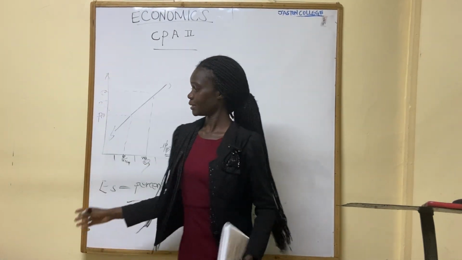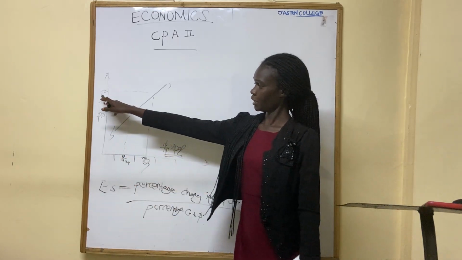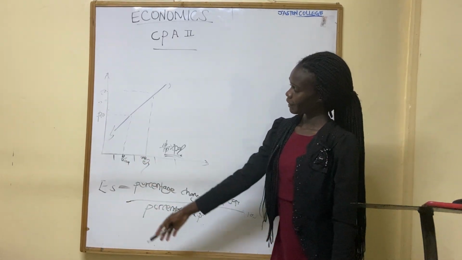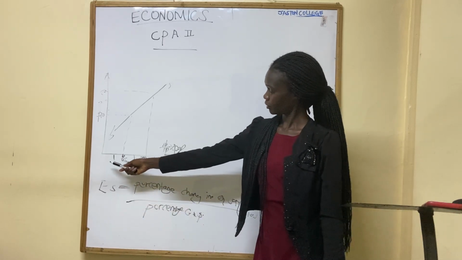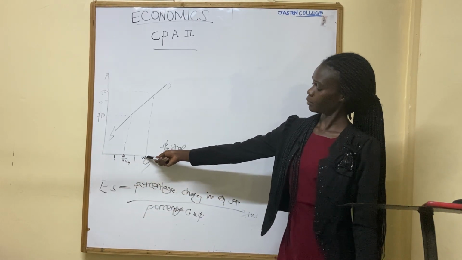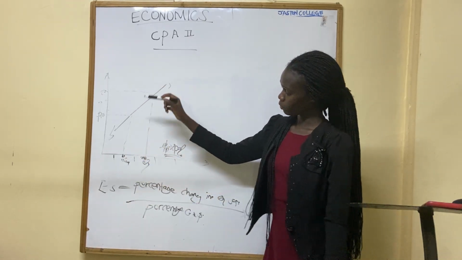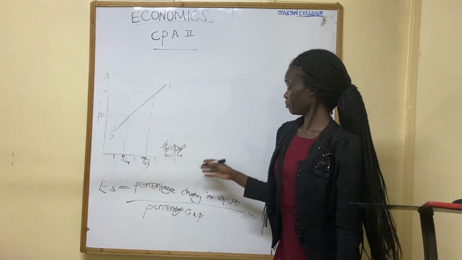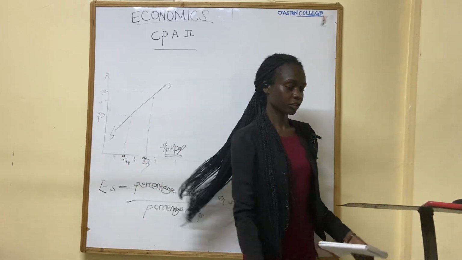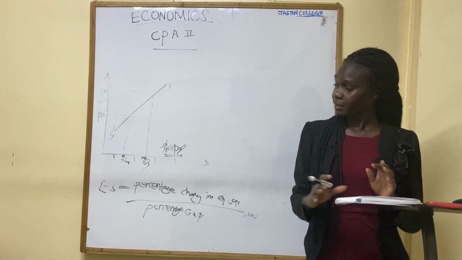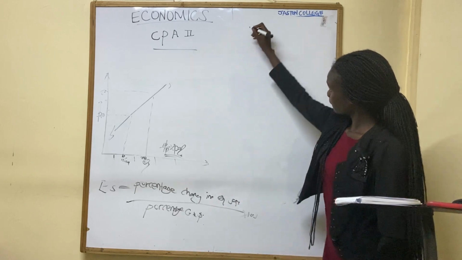This 100% means the quantity and price change in the same proportion. So that's how it is calculated.